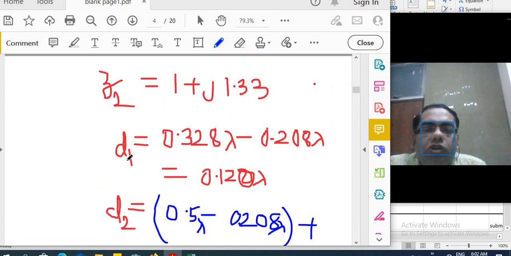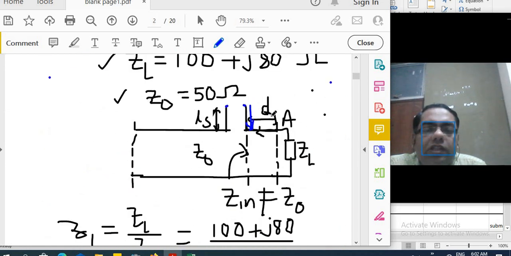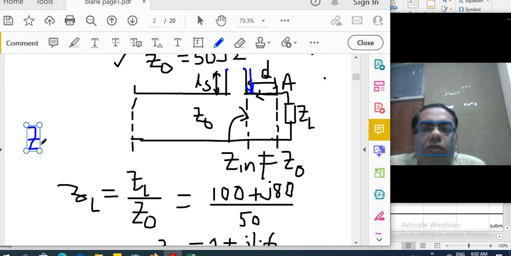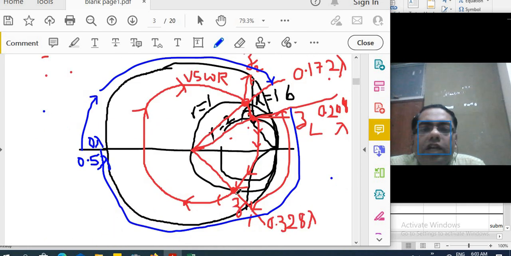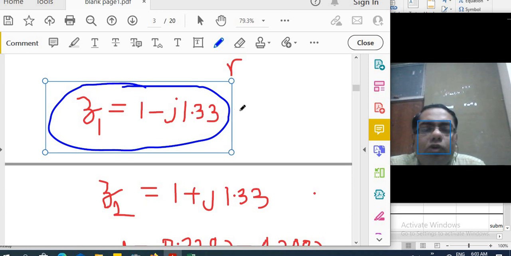At this d1 distance, my input impedance should be of the form 1 plus jx, because we are actually working with the normalized quantity, not capital Z. We have taken small z1, and we have already written z1 is 1 minus j1.33.